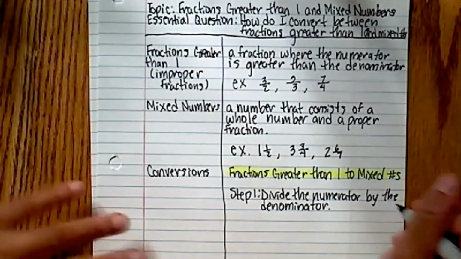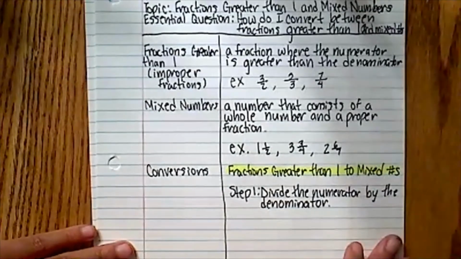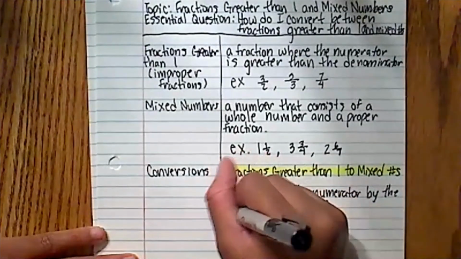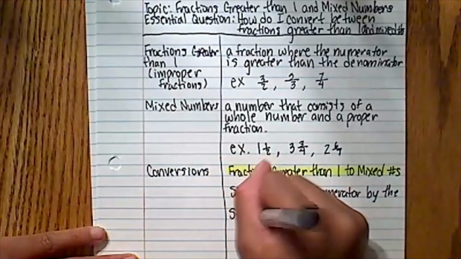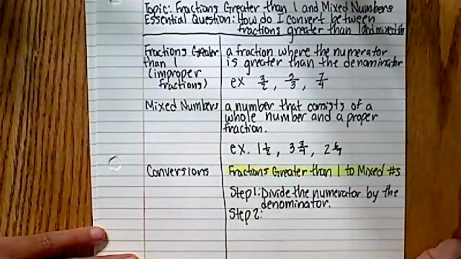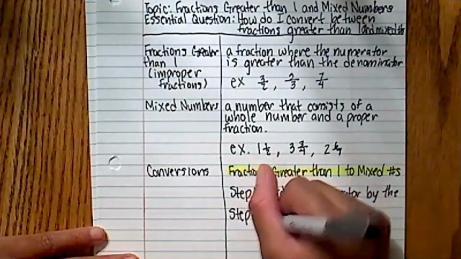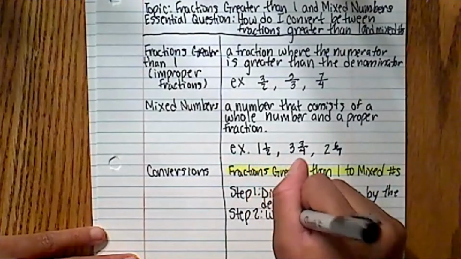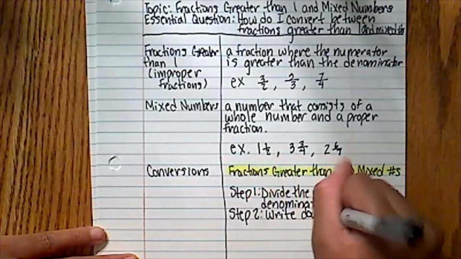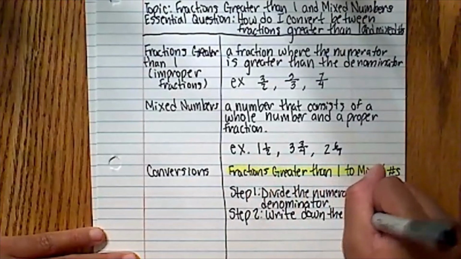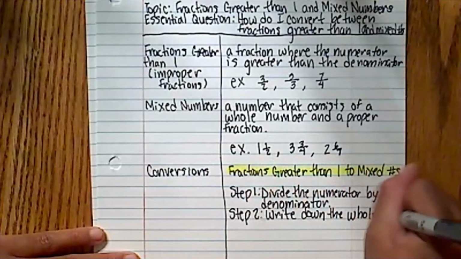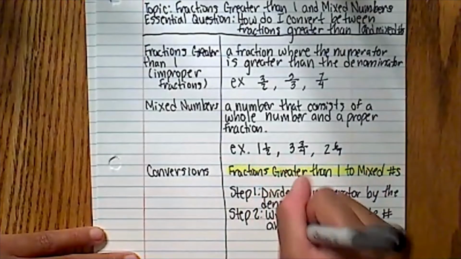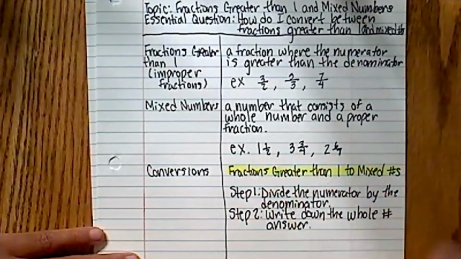That is the very first step. Step 2 tells us to write down the whole number answer. Whatever the whole number is, that's going to be the whole number in our mixed number.